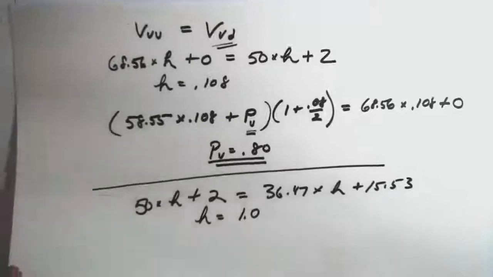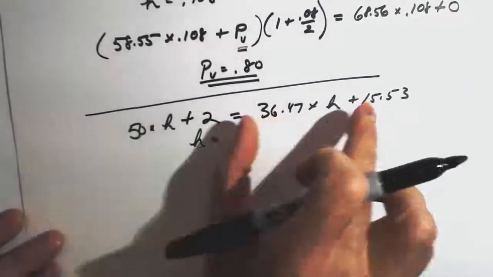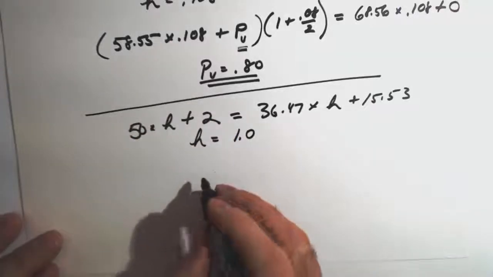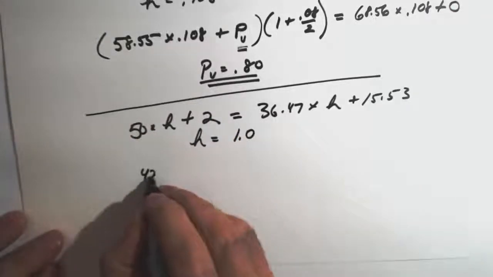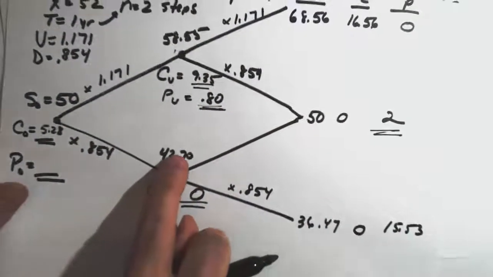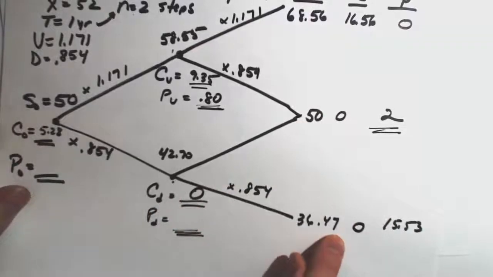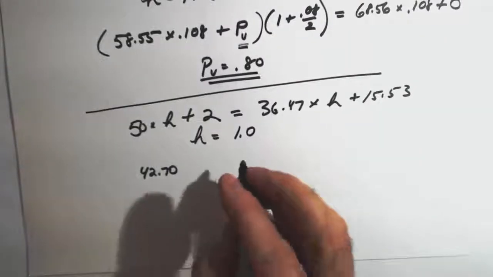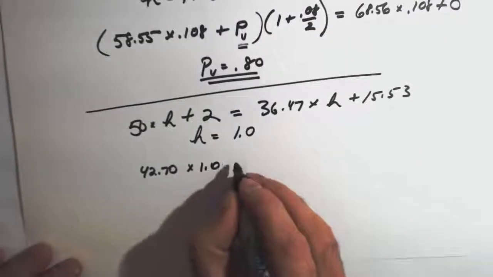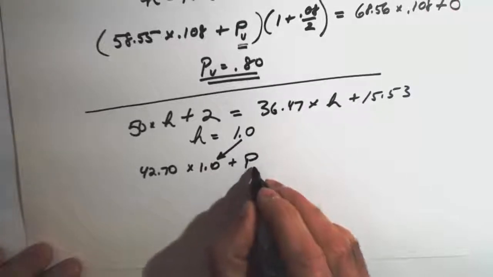So let's set up a riskless portfolio that grows at the risk-free rate. It doesn't matter if it goes here or it goes here. So 4270, we're starting that riskless portfolio. The portfolio we're putting together starts right here, and it grows to this amount or this amount for a protective put, times 1.0 that we just calculated, plus PD.